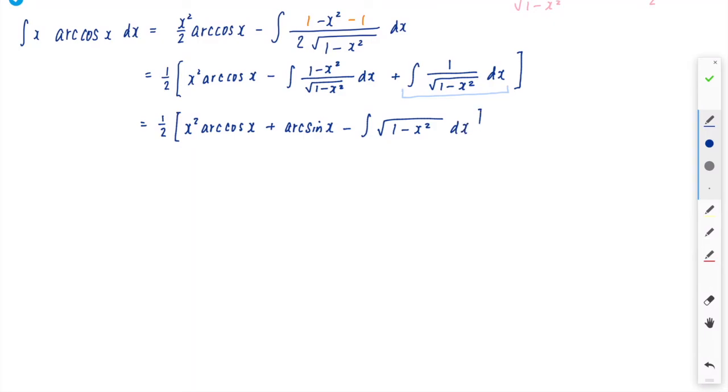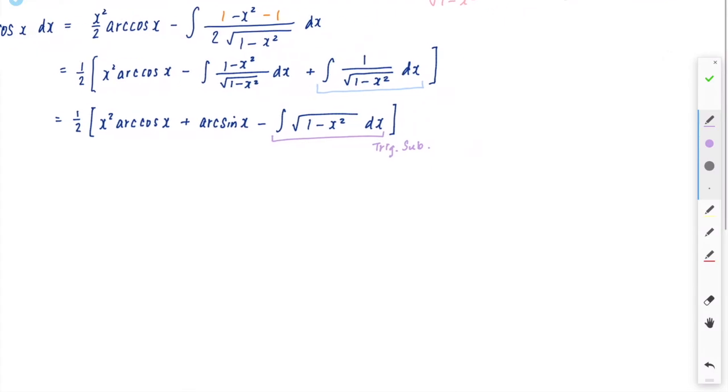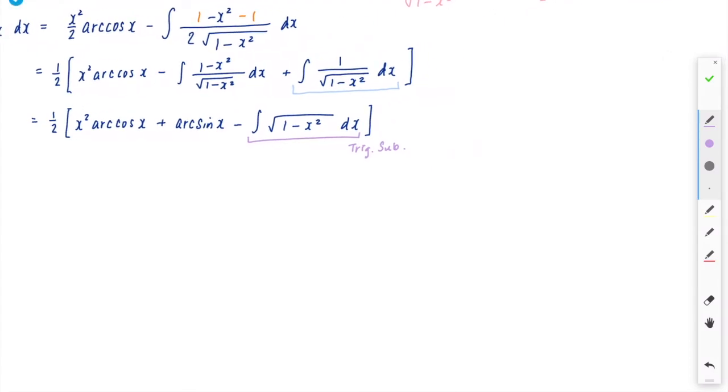Because I see a radical of 1 minus x squared, you shouldn't be surprised that this relates to another useful integration method called trig substitution. And the pattern 1 minus x squared reminds us that the substitution we'll use is a sine relationship.